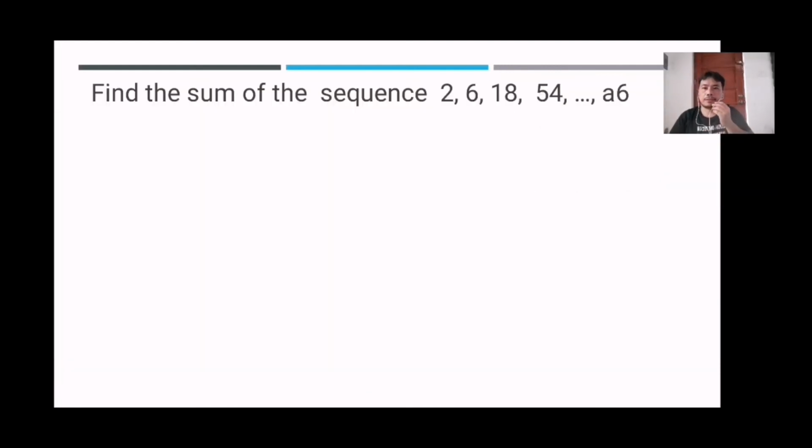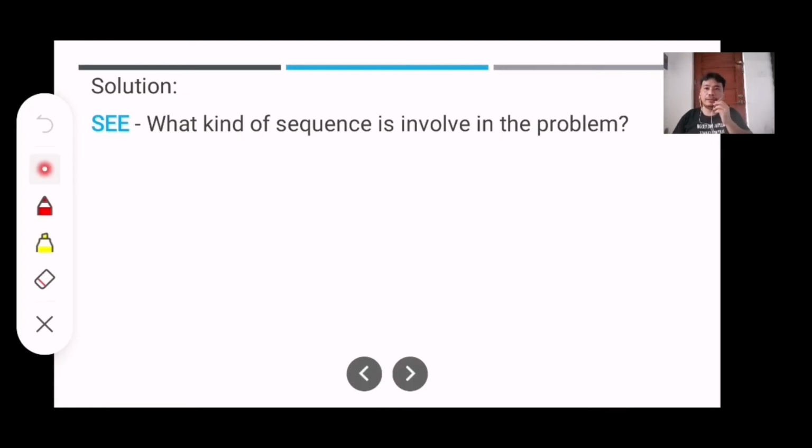Okay, let's have this example. Find the sum of the sequence 2, 6, 18, 54 up to A sub 6. First step, just like what we did earlier, is to see what kind of sequence is involved in the problem.